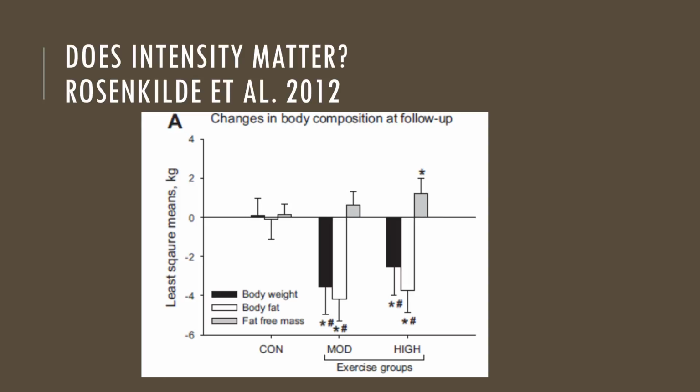There was a control group, a group who exercised at moderate intensity, and a group who exercised at high intensity. You're seeing changes in body weight, body fat, and fat-free mass. That's muscle. In the control group, as expected, there were no changes in weight, fat, or muscle.